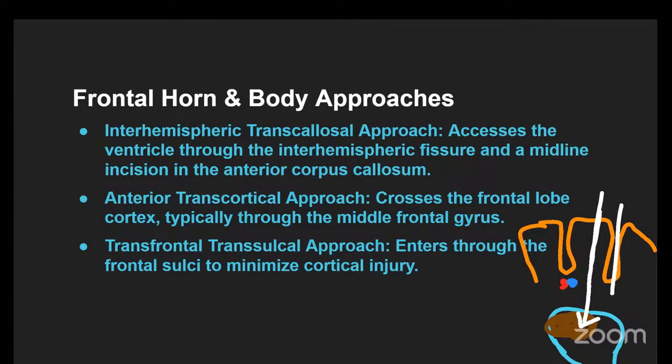Yes, ma'am. If I choose to go transsulcal, which is this approach here, then what ends up happening? I bypass all of this depth of the gray matter. And now I am starting directly here. So this is a smaller version of the interhemispheric approach, because interhemispheric is a natural corridor.